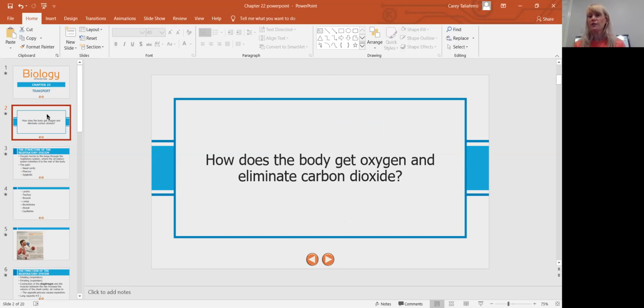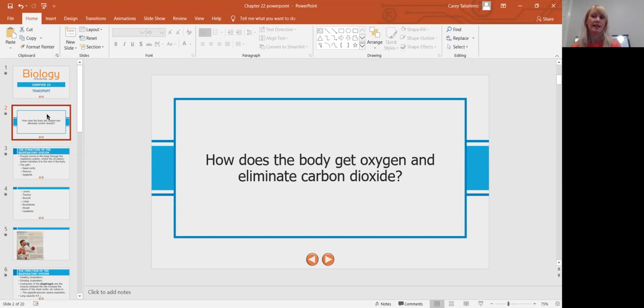And this all ties back to that process as well. The whole purpose of cellular respiration is to make energy, okay? And then we want to get rid of carbon dioxide. So what we have to do is take in our oxygen. We don't make oxygen, so we have to take in our oxygen, and our cells use that and they give off carbon dioxide.